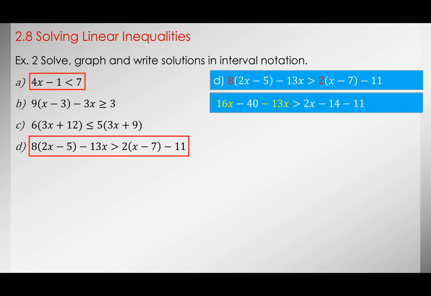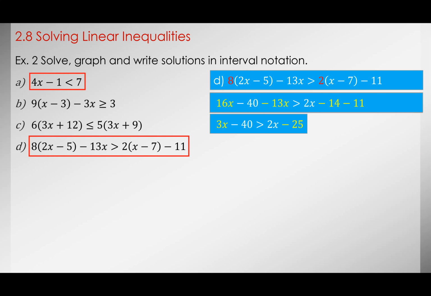Looking at this, I can see that my 16x and my 13x are on the same side. In addition, do you agree that negative 14 and negative 11 are also on the same side? The reason I put yellow is because they are on the same side, so you do not do the opposite operation.